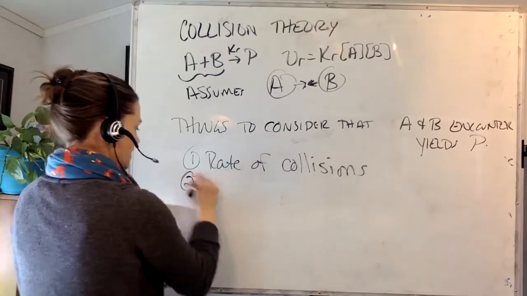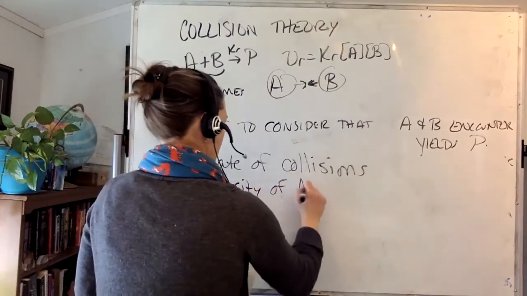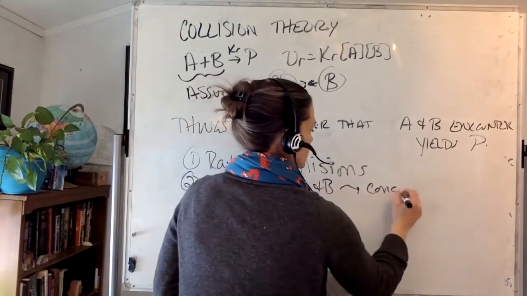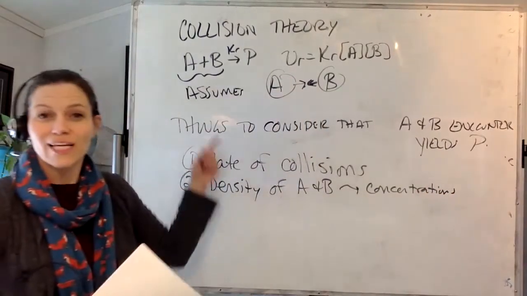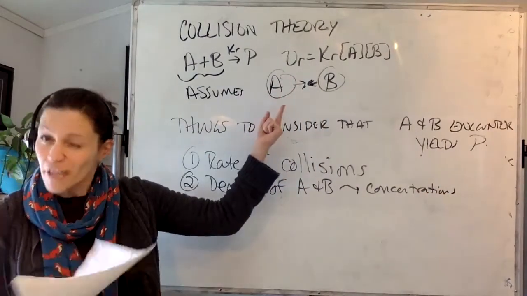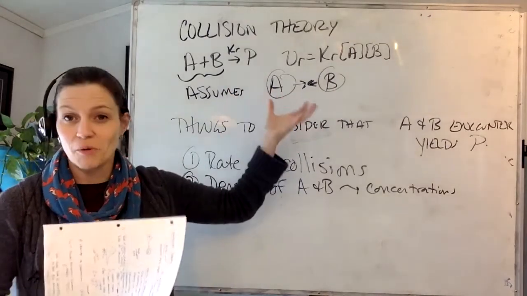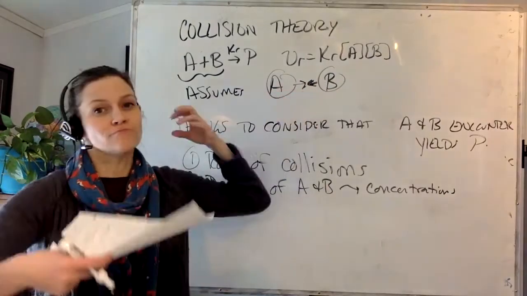Number two, the density of A and B, which is related to their concentrations. If you have a really high concentration of B, but a very low concentration of A, the likelihood of B finding A is probably pretty small. Or if you have really low concentrations of both, the likelihood of them finding each other is very small.